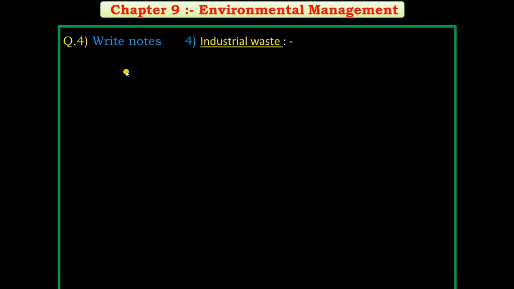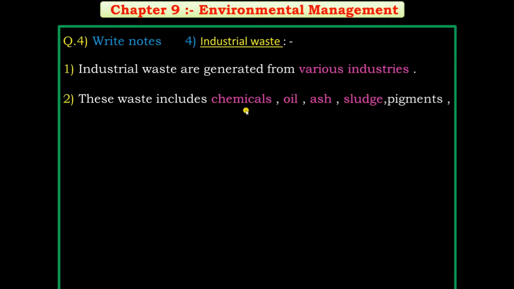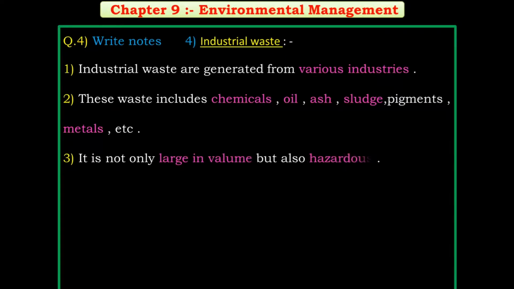Next question of question number 4 is: write the short note on industrial waste. The answer is: point number 1, industrial wastes are generated from various industries. Point number 2, these wastes include chemicals, oils, acids, sludge, pigments, metals, etc. Point number 3, it is not only large in volume but also hazardous.